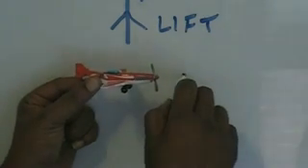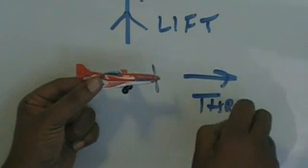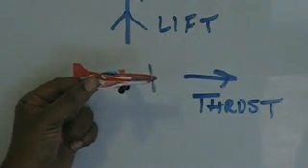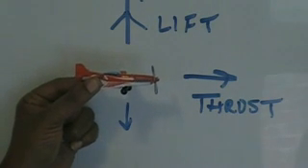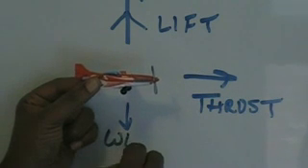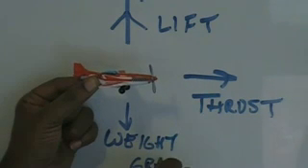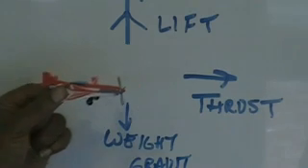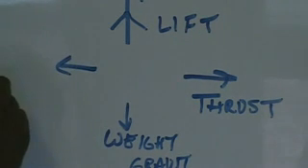The forward force is thrust, caused by the power plant. We have a downward force, which is called weight or gravity. And then I'll pull back, and we have a rearward force, which is called drag.